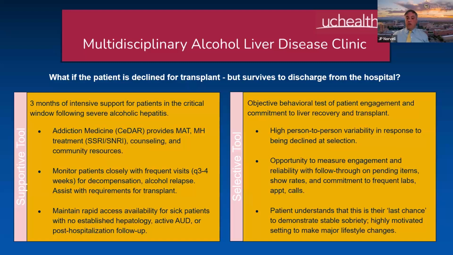We very quickly identify those patients who are going to be engaged. And we have had success in converting some of these patients from not being candidates to candidates, or even better, coaching them to the point where they can be sober and have recompensation of their liver disease without needing a transplant.